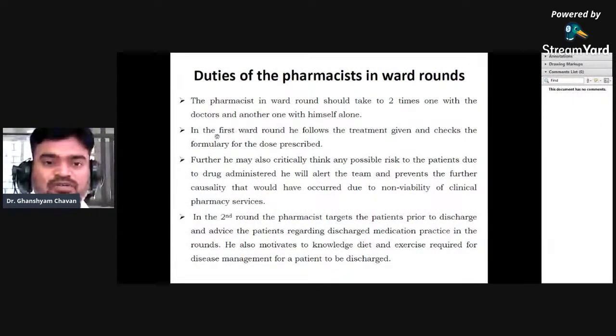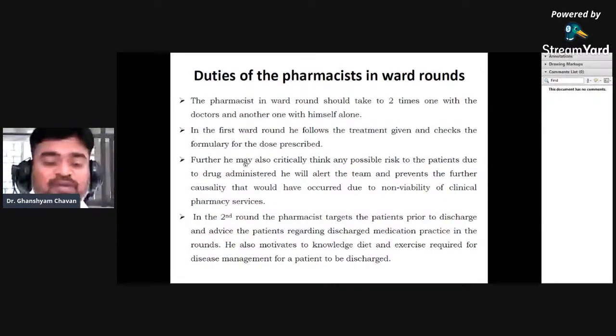In the first round, he follows the treatment given and checks the formulary for the dose prescribed. So he will check the formulary for the drugs prescribed, whatever drugs have been prescribed by the doctors, whether they are available in the formulary or not. If not available, he will try to maintain that formulary, that list of drugs.